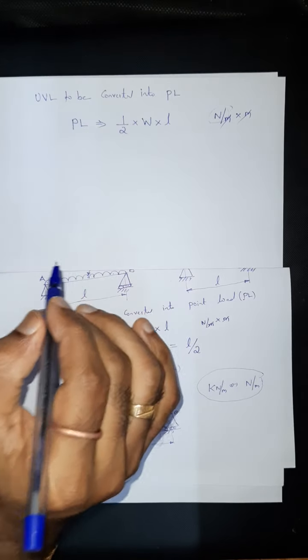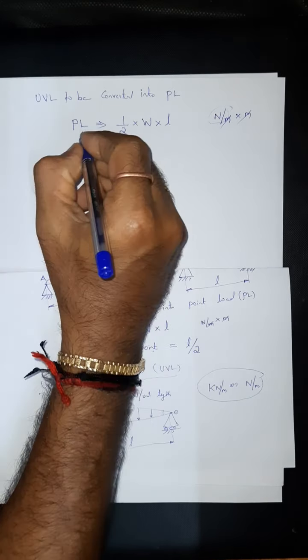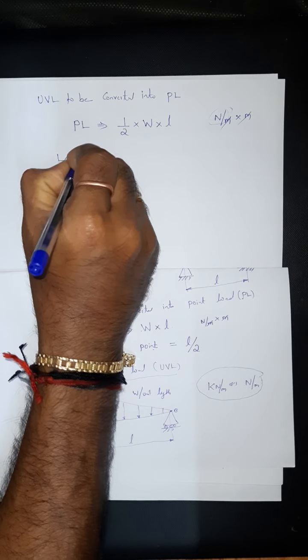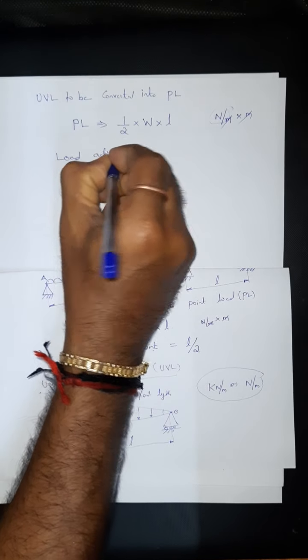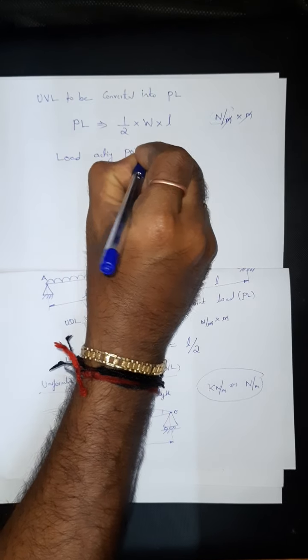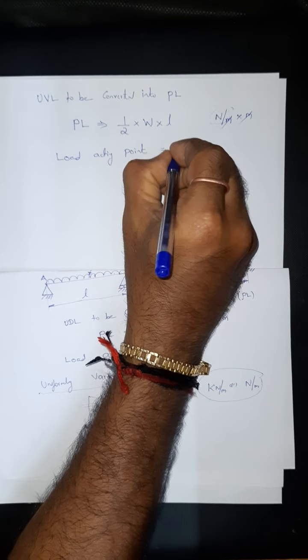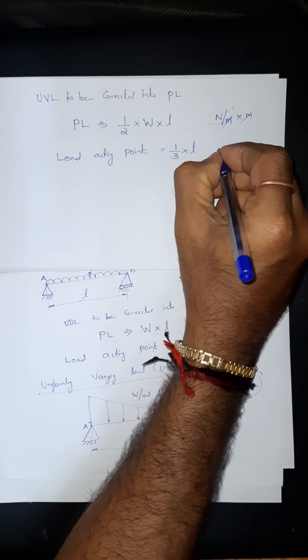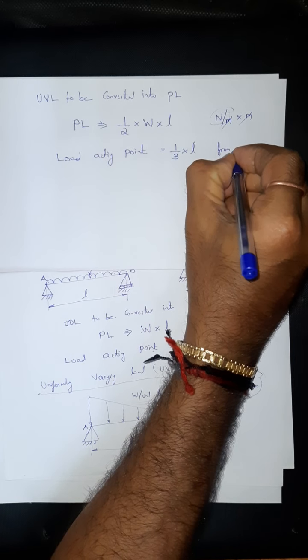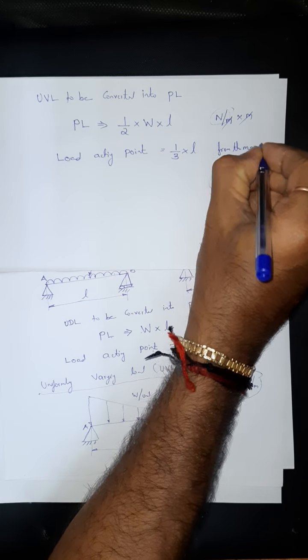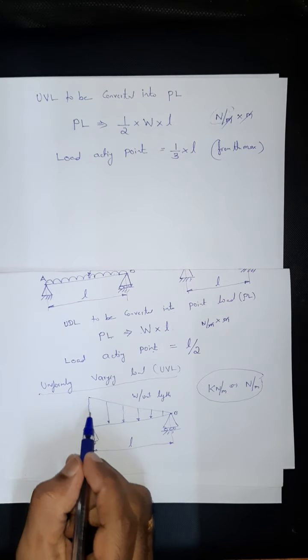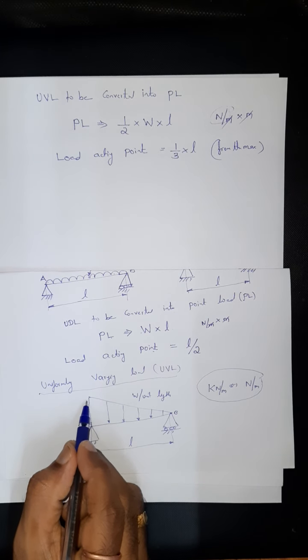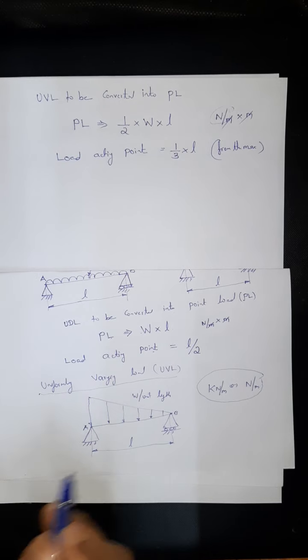So, now I have converted that UVL into a point load. Now I need to know the load acting point, isn't it? So, the load acting point should be 1 by 3 into L from the maximum load. The maximum load is here, because the intensity is linearly going down, right.